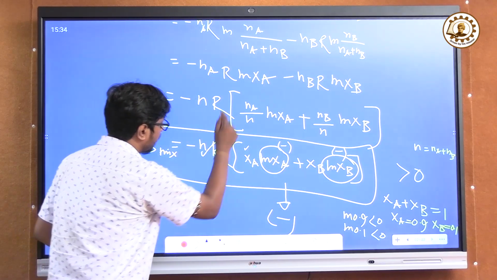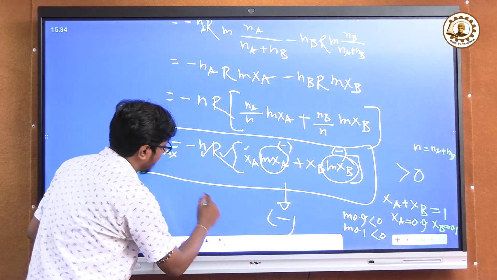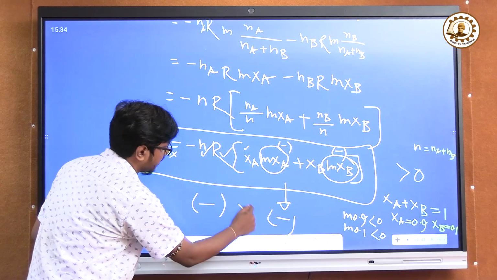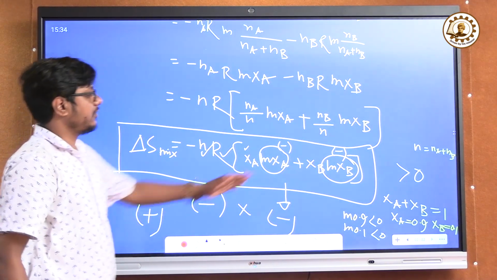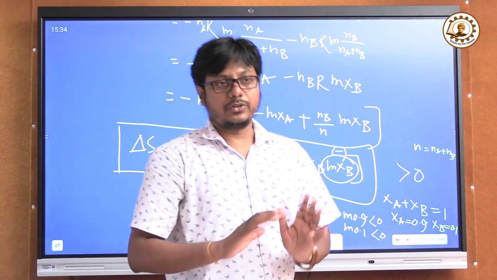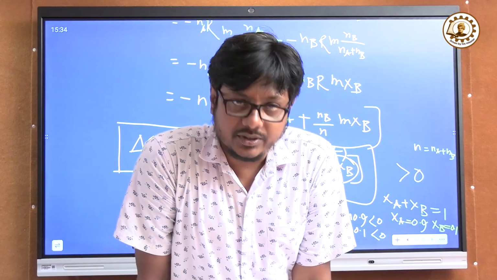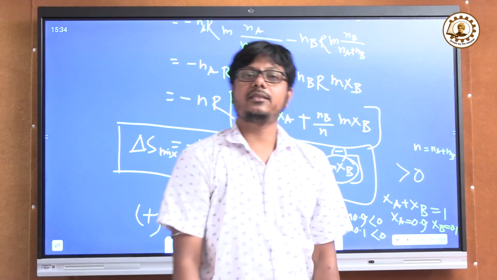Here n is positive, R is positive, and multiplied by the minus sign, minus into minus is plus. So this is greater than 0. So delta S mixing for two ideal gases is always greater than 0.